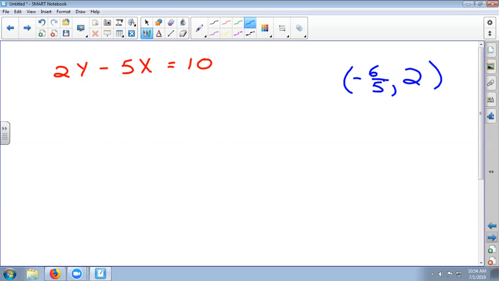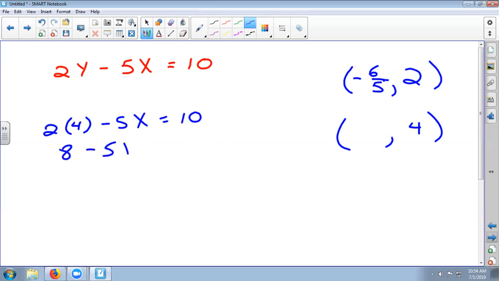So we have chosen y to be 4. 2 times 4 is 8, minus 5x equals 10. Subtract 8 from both sides.